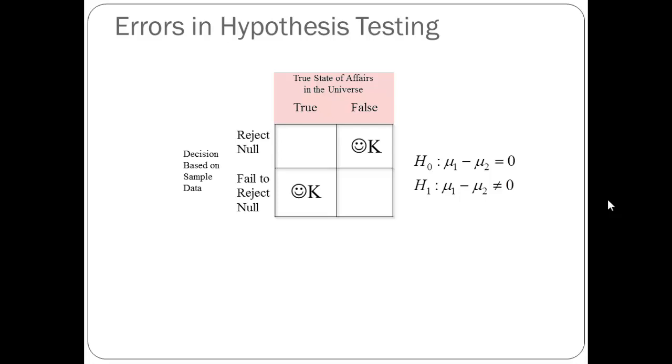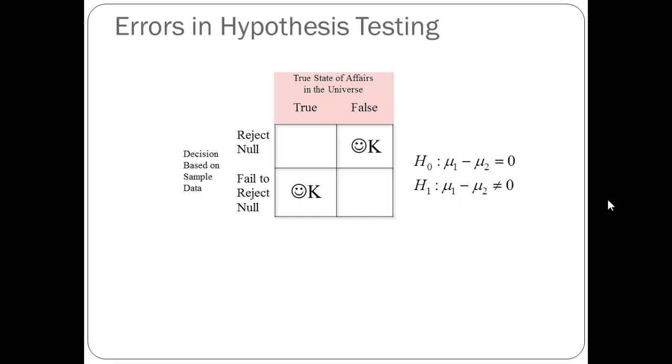Without question, we'd be able to decide that the null hypothesis is true or false. That's the true state of affairs in the universe. But I've taken a sample, and from that sample, I'm going to make a decision about whether the null is true or false, and I may or may not be right. That decision based on a sample is subject to error.